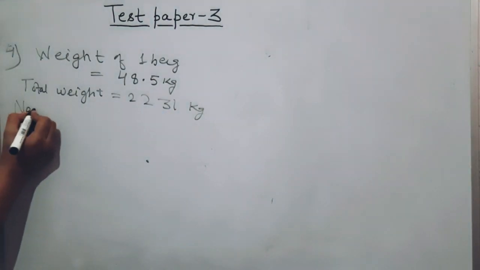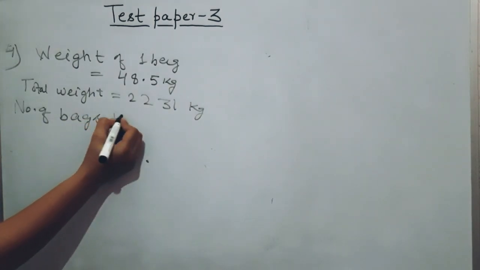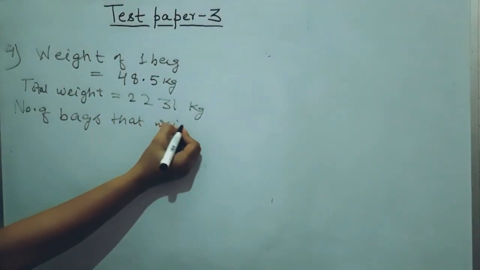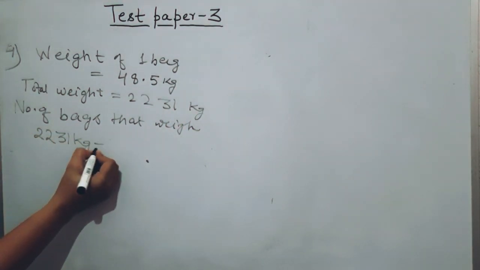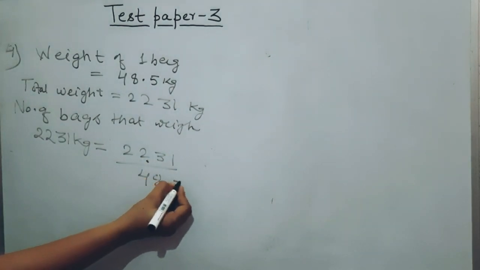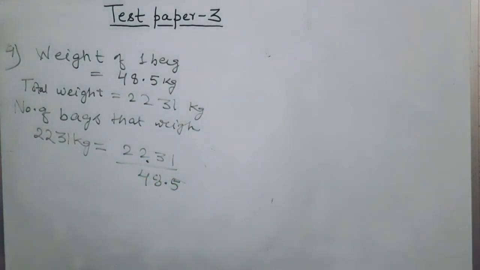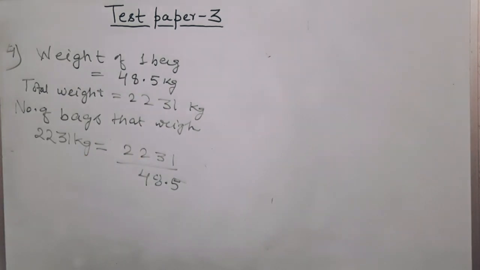So the number of bags, how many bags there are, we have to find out. Number of bags that weigh 2231 kg is equal to 2231 divided by 48.5. Now what do you have to do? 2231 will be divided by 48.5. So as I told you, when there is a decimal, as you can see there is no decimal in the numerator, but in the denominator there is 1 decimal point.